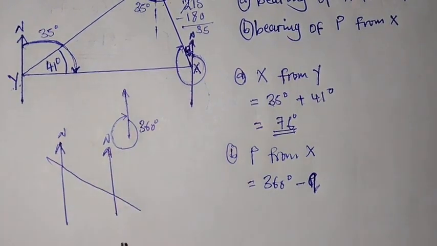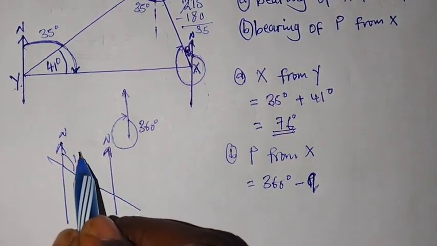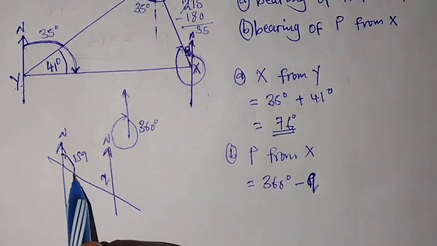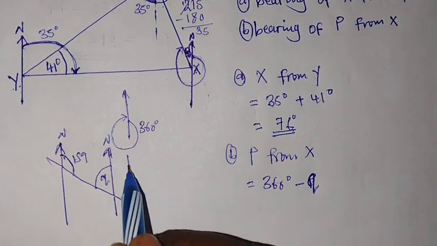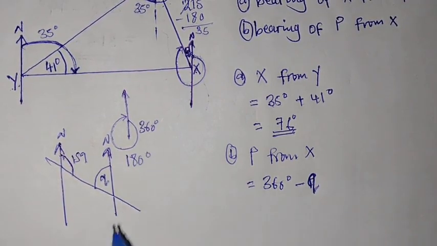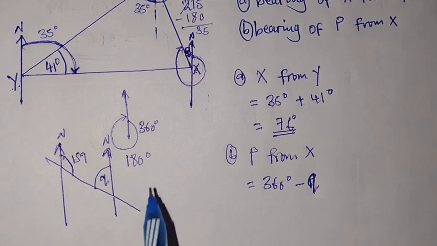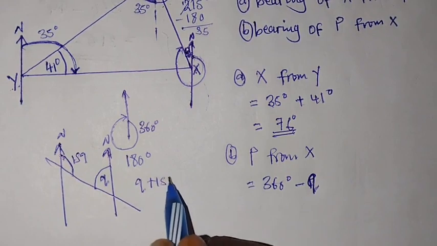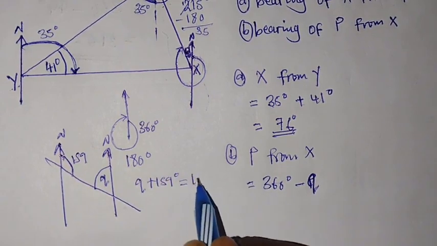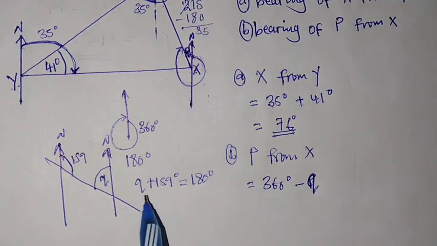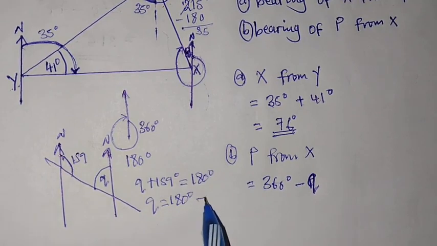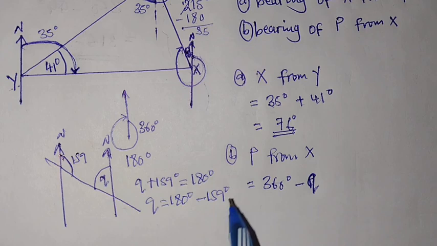So here we have 159, and here we have angle Q. This angle and this angle add up to 180 degrees. So we'll say Q plus 159 degrees is equal to 180 degrees. So Q is equal to 180 degrees minus 159 degrees.